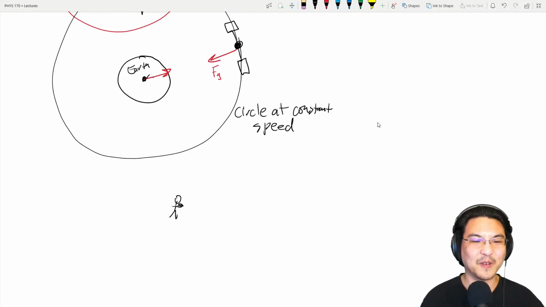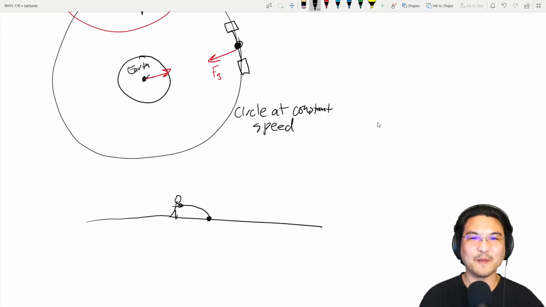Or let's say at first you're just standing on the ground and you throw a ball and it falls. Why does it fall? Because there's a gravitational force acting this way, right? As it's falling, there's an acceleration this way. So that's why the direction of the velocity changes, because there's an acceleration. And so the ball falls toward the ground.